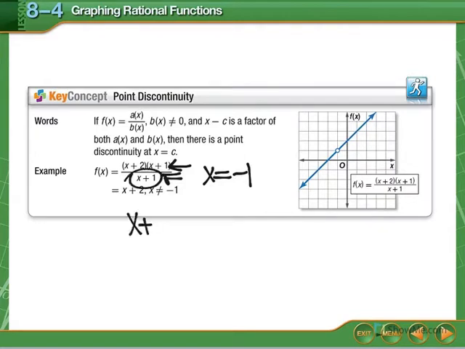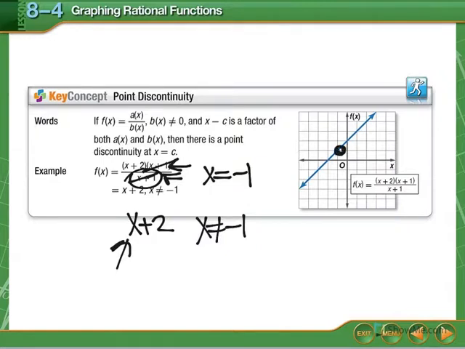But we end up getting this graph of just x plus 2 when we reduce, because we factored out and canceled out x plus 1. Still can't equal x equals negative 1. So to represent that, this is going to be a line with a hole at x equals negative 1.